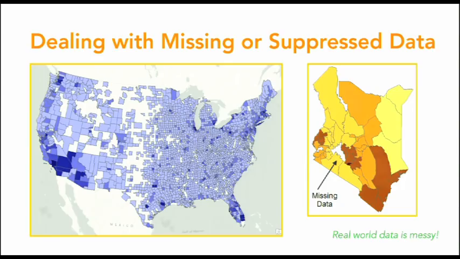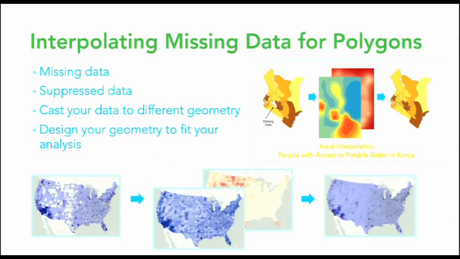One of the ways that you can deal with missing data, using a tool in ArcGIS, is by interpolating missing values. There's a tool that I think came out in 10.2, called areal interpolation, in the Geostatistical Analyst toolbox.